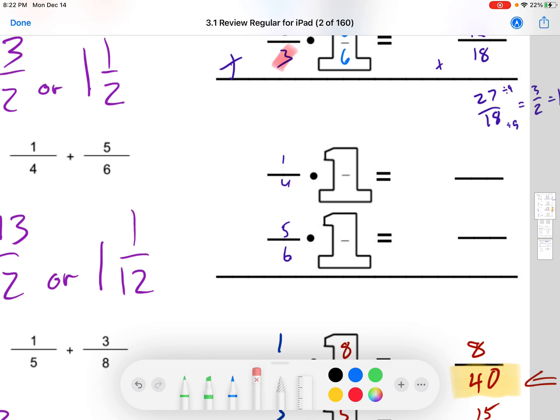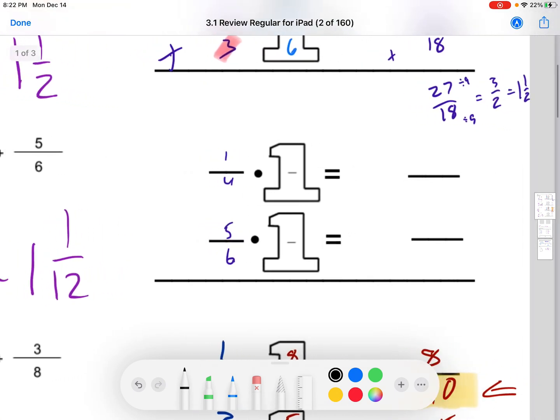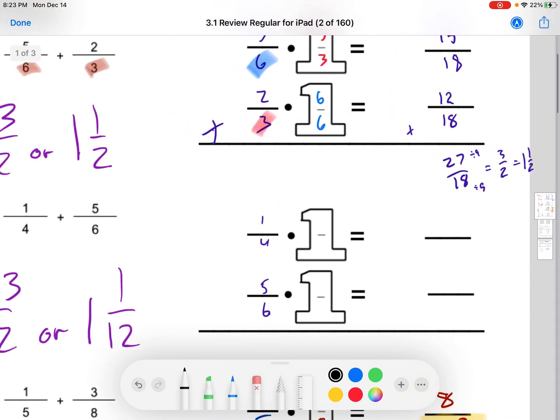What instead we can do is look at this and say, what number will 4 and 6 both multiply into? Without having to use those numbers, I hope that you guys can see that 12 would be a common denominator, okay?